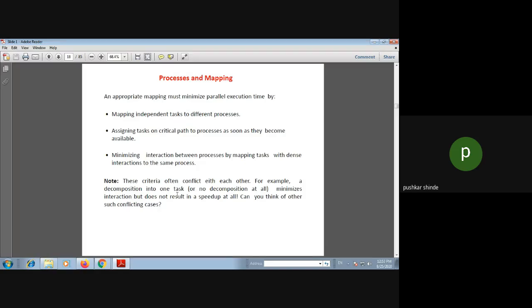Nothing will execute in parallel. So you have to balance the communication overhead with the performance benefit available by having more tasks. You cannot have a lot of tasks, and too few tasks also. You have to balance between not having too many tasks and not having too few tasks, and get the best performance from the parallel platform for a given problem.